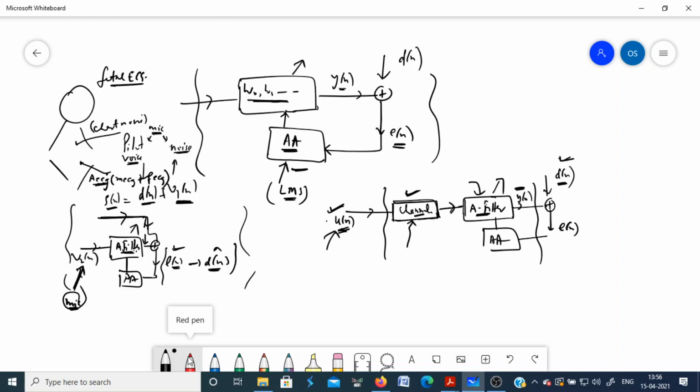This adaptive filter will cancel the maternal component. As a result, in the error part you will get only the fetal ECG. There are many other cases, and we will come back to this adaptive noise cancellation once we discuss adaptive filters in more detail.